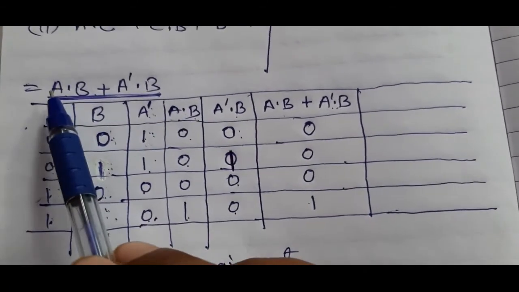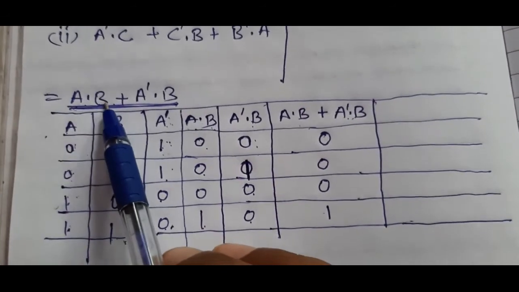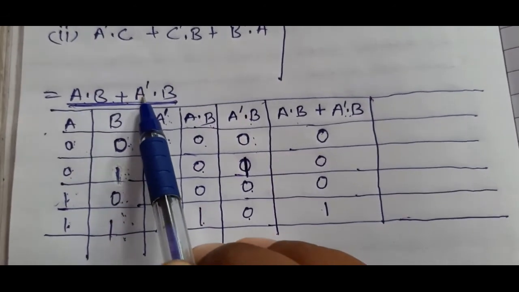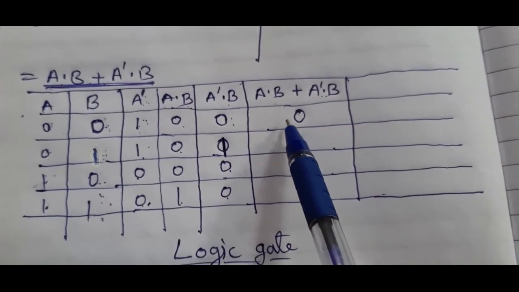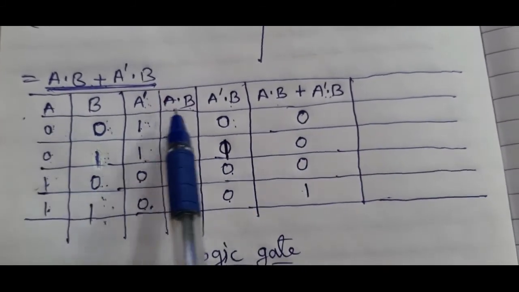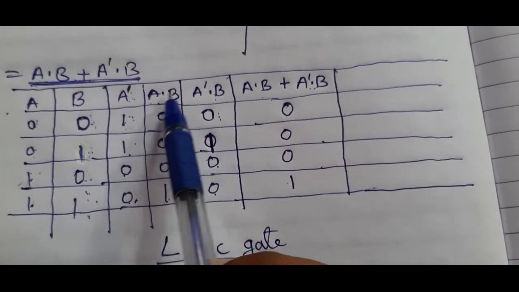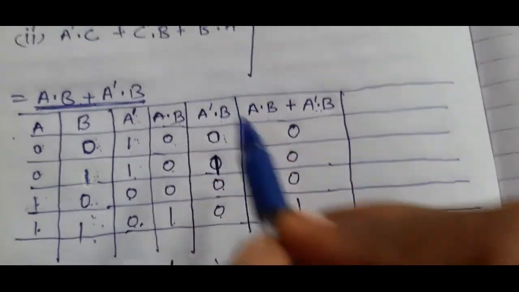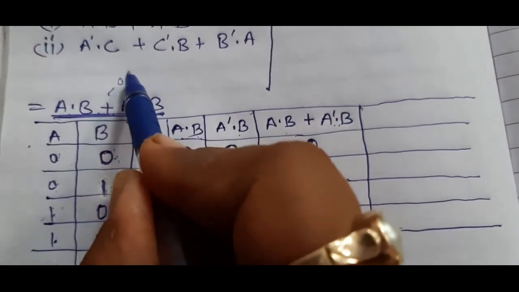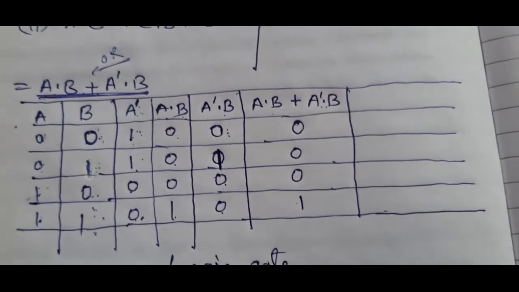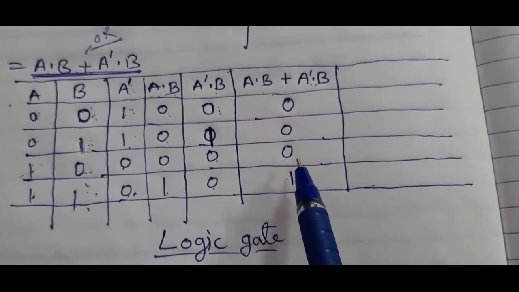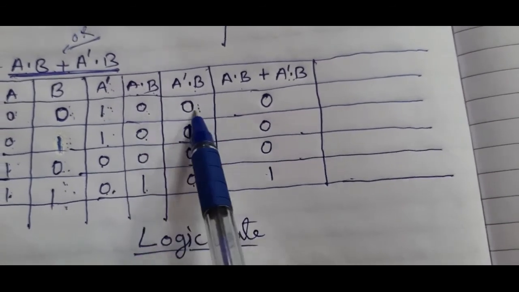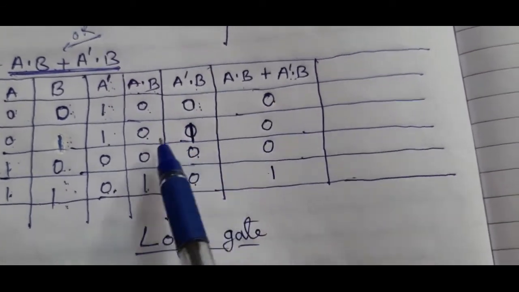The whole output means A and B or NOT A and B. How will it be taken? Just tally A and B with the second term, because it is OR. The condition of OR is that if any one is positive, output will be positive. So you can see here both are negative, so it is negative.